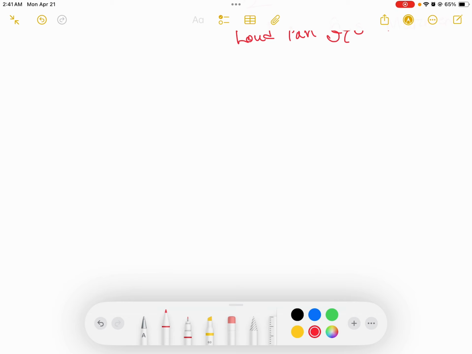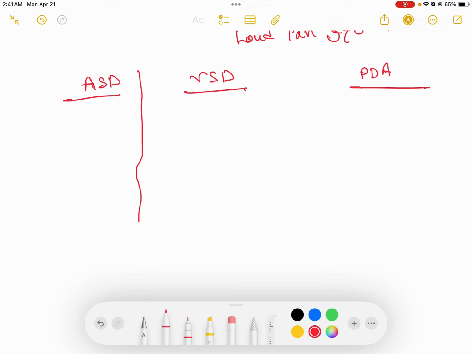Investigations: the difference between atrial septal defect, ventricular septal defect, and patent ductus arteriosus. ECG.